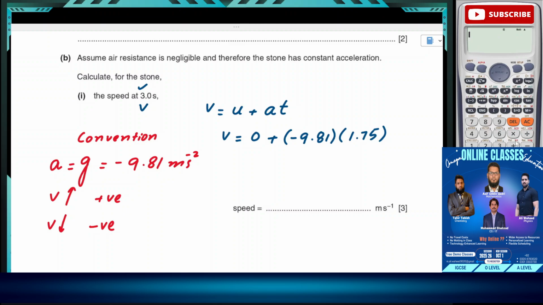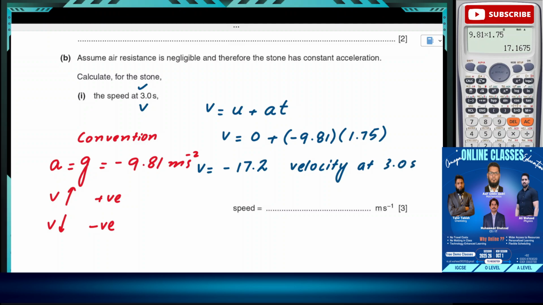So 9.81 times 1.75. Our answer should be with the negative sign because we have minus here. 17.16, so minus 17.16. I can write it as 17.2. There you go. This is your final velocity, or your velocity at 3 seconds.